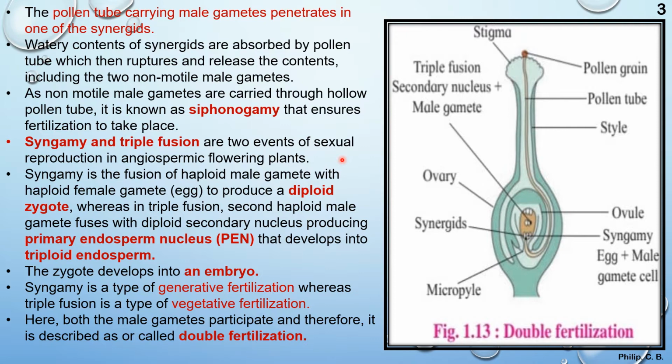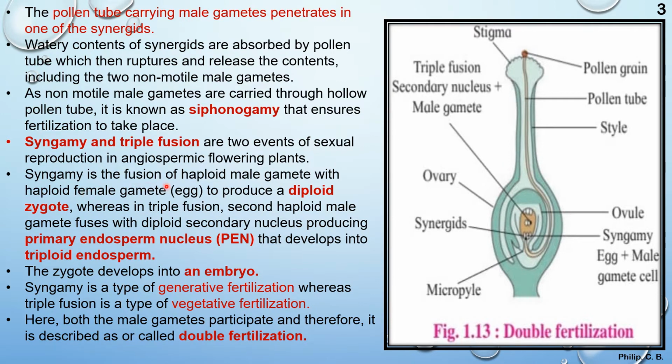Now syngamy, the term syn means fusion: the first male gamete fuses with the female gamete or the egg cell, forming syngamy, whereas the second male gamete fuses with the secondary nucleus, forming triple fusion, as two polar nuclei and one nucleus from the male gamete form three nuclei. So hence it is triple fusion.